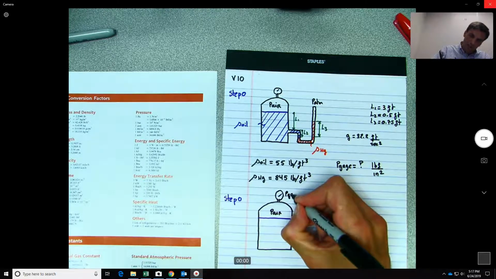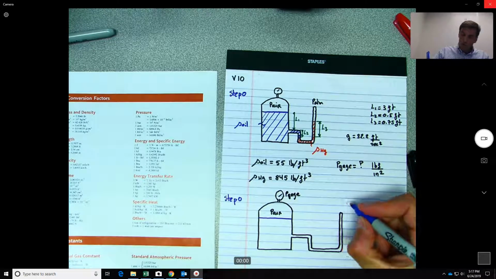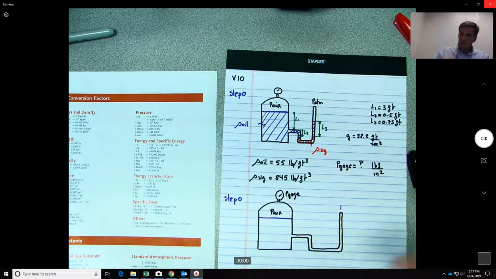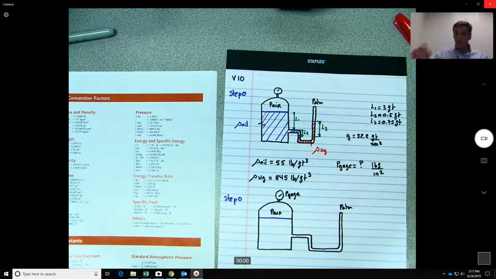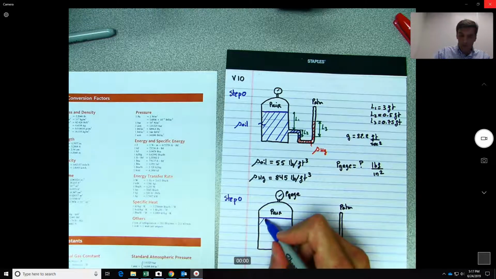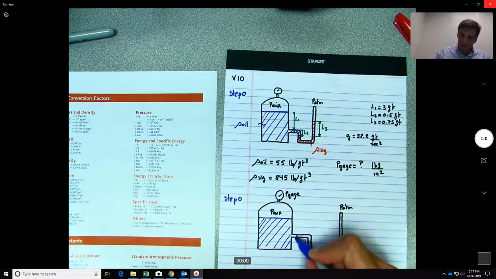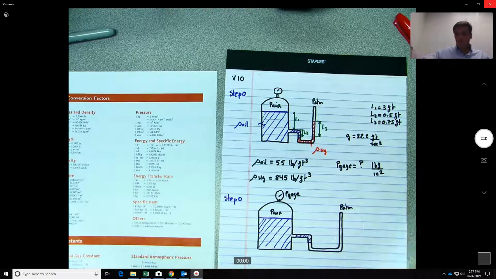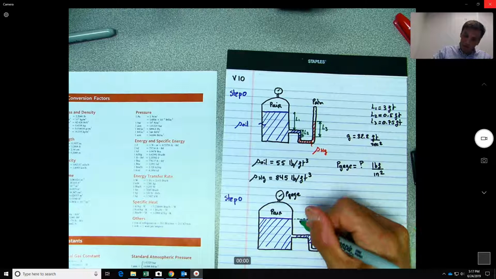P gauge is what we're trying to find over here. We know this is the P atmosphere. Oil goes up to here. Maybe I should have made more effort to make this a little bit deeper, but too late now.